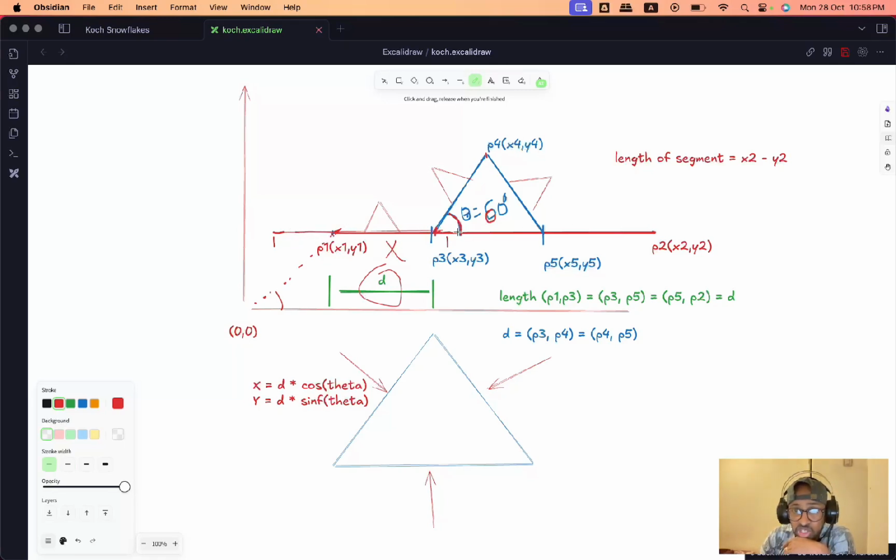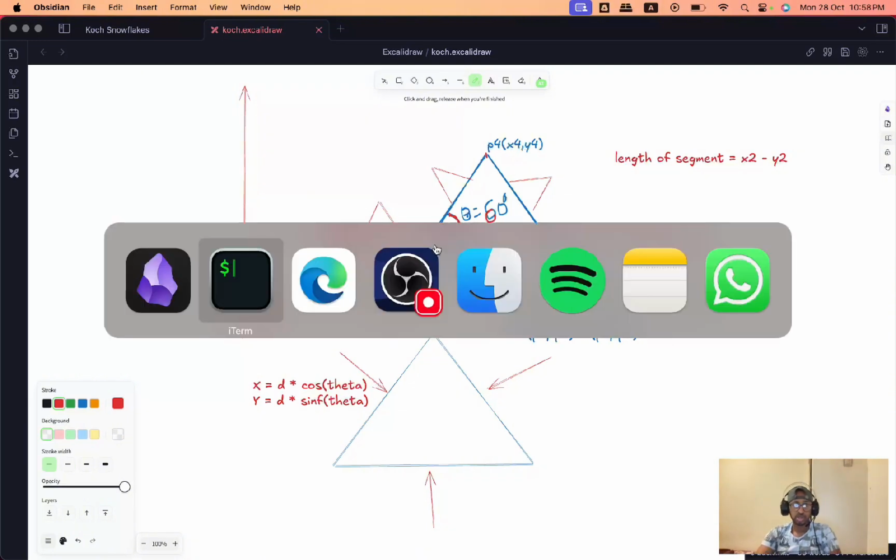So we need to measure 60 degrees with respect to this vector, not this one. So we are changing the reference origin and moving it to this position.